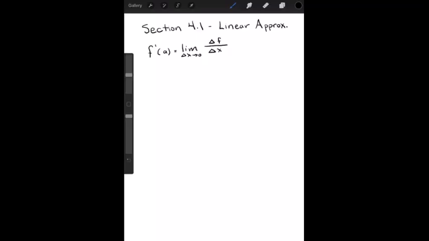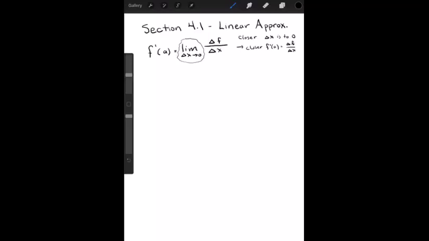And if we remember what this notation means, what this guy means here, is that the closer delta x is to 0, the closer f prime of a is equal to delta f over delta x.